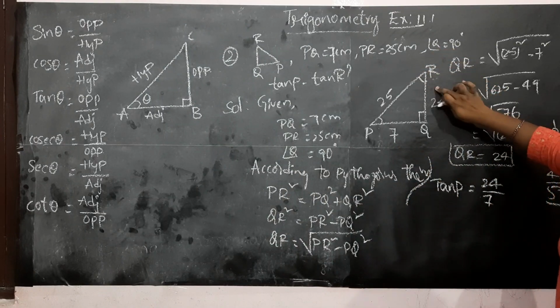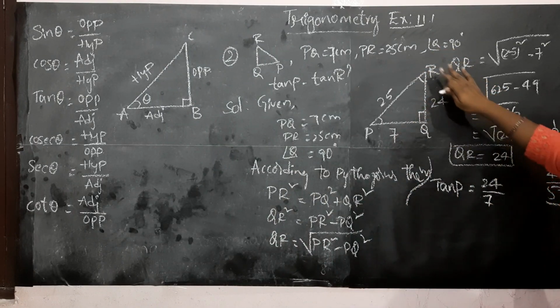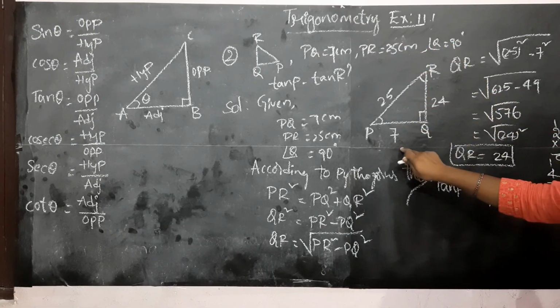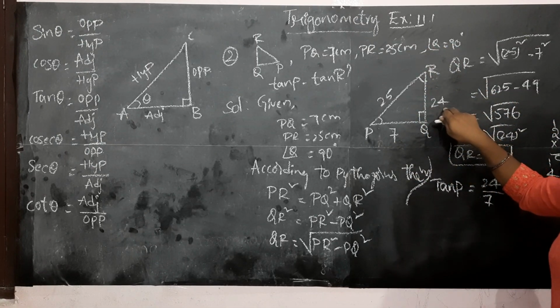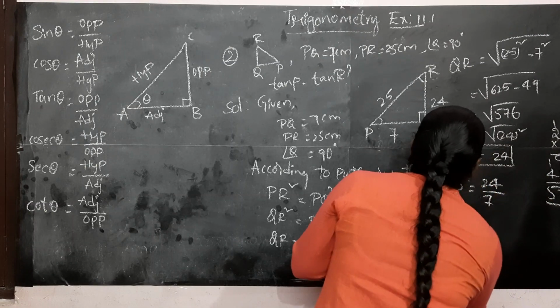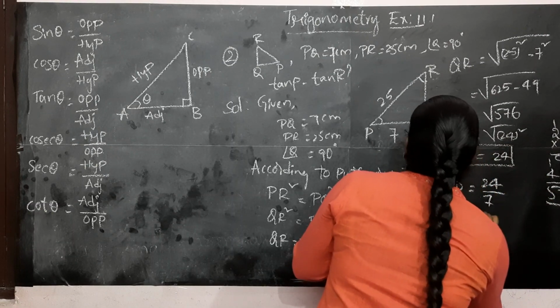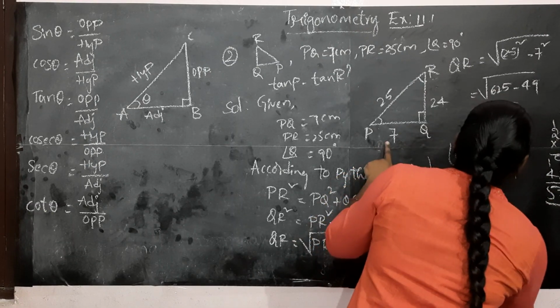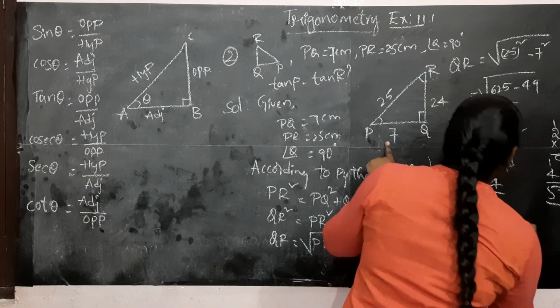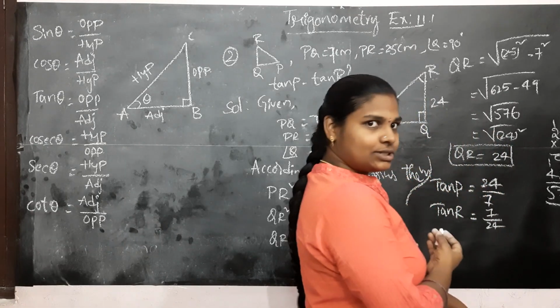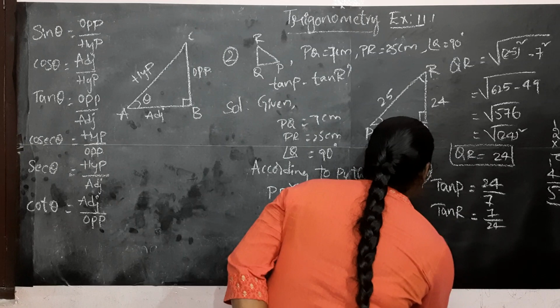Tan R is nothing but opposite by adjacent. For angle R, what is opposite? 7. What is adjacent? 24. So tan R is 7 by 24.